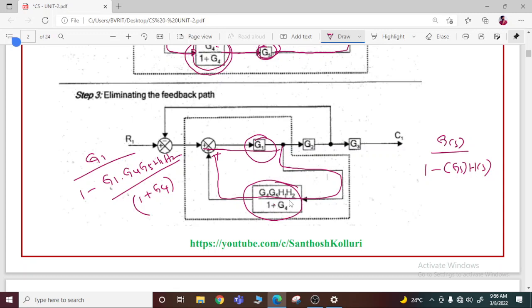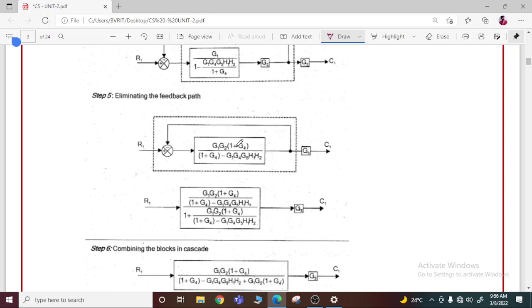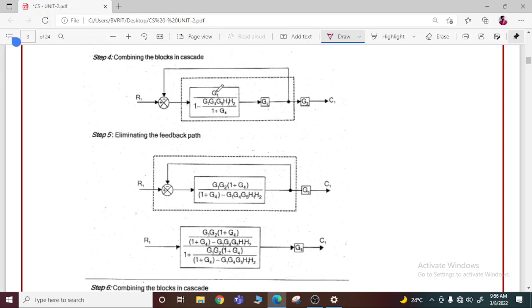If you compute this one, the resultant will be G1 by 1 minus G1, G4, G5, H1, H2 by 1 plus G4.